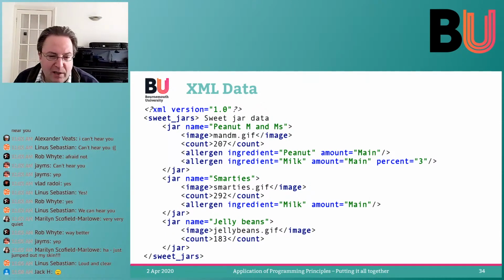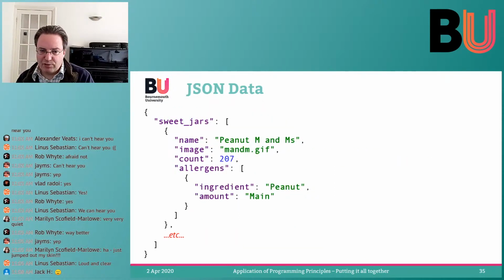You see in XML we have tags everywhere, open and close, so it can get a little bit verbose in that sense. But it has certain properties that make it easy to handle as well, to have all those tags.